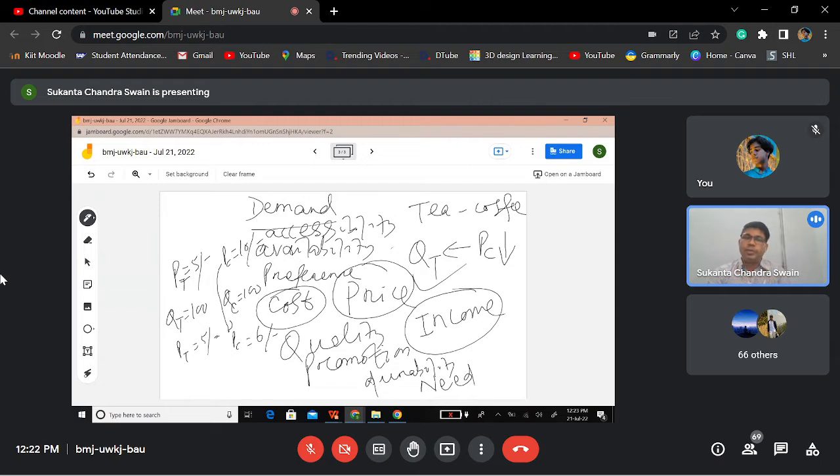But those who will be switching were indifferent between tea and coffee so far as satisfaction is concerned, or their rating of coffee is a bit higher from a difference point of view, but they were unable to consume it because the difference was huge, double the price of tea. They had a liking towards coffee, but they didn't consume it because the price difference was huge.